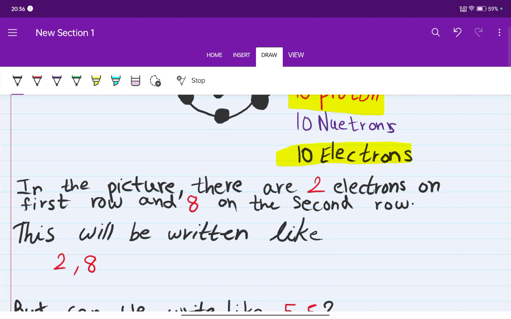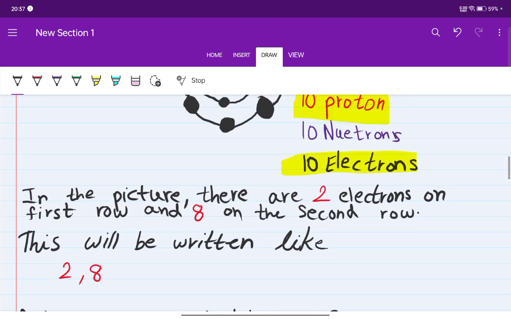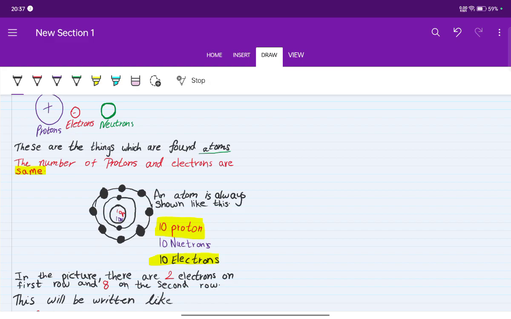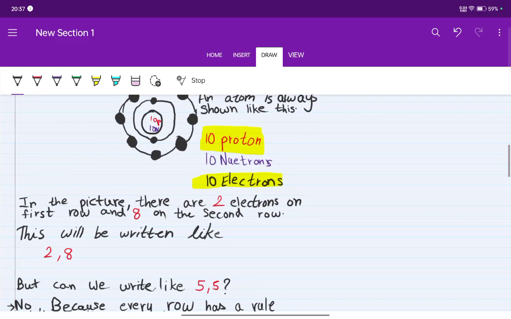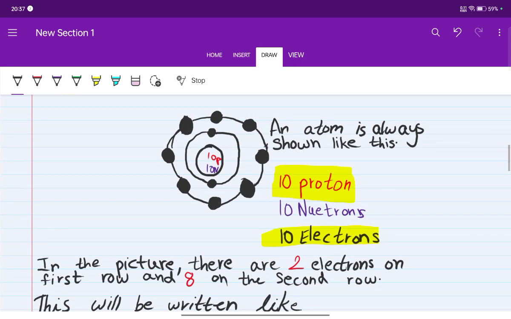In the picture, there are 2 electrons on the first row and 8 on the second row. This will be written like 2, 8, where the 2 is the number of electrons on the first row and 8 represents the electrons on the second row.